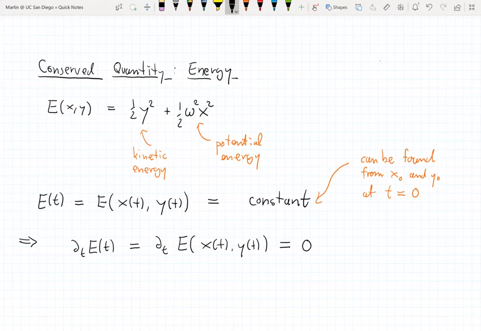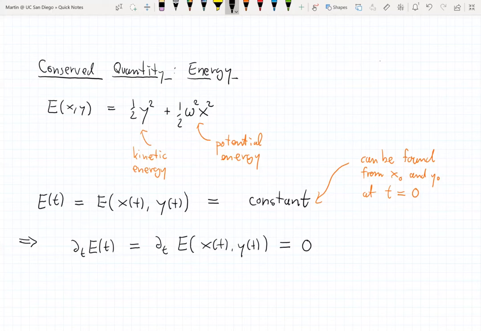I would like to bring conserved quantities back to your memory. So we know that there exists a quantity called the energy for any combination of position and velocity. And the energy of position x and velocity y is defined as 1/2 y square plus 1/2 omega square x square.